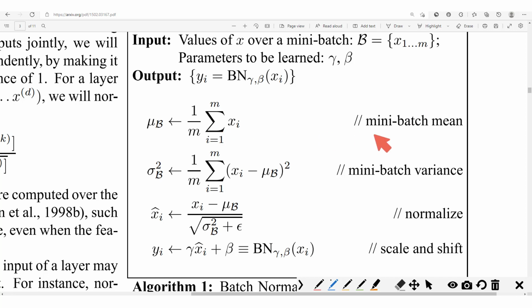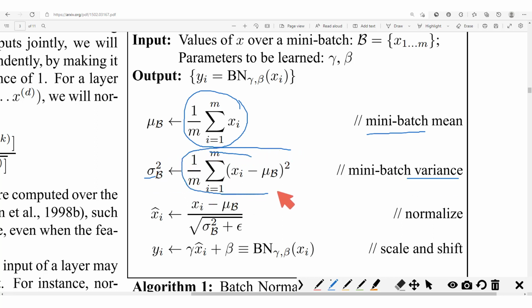The algorithm for batch normalization is described in the paper. So here we have a mini batch and we obtain its mean. Here we try to obtain the average value of the different weights. Then we also obtain the standard deviation, which is sigma, and the variance, which is sigma square. It's these that we use to normalize our data.